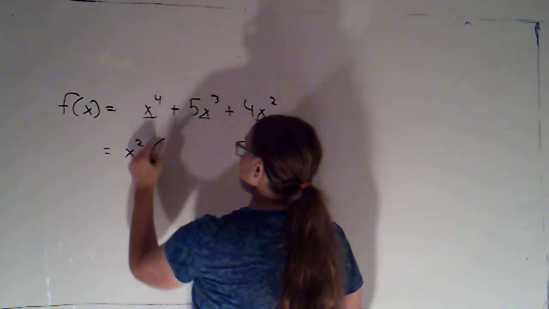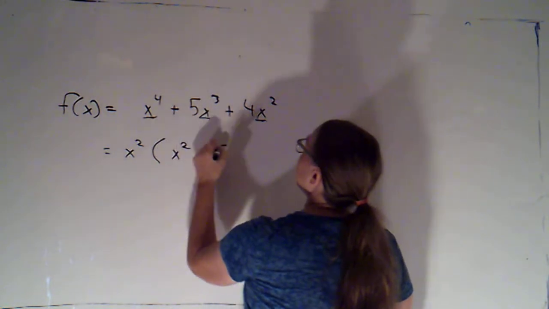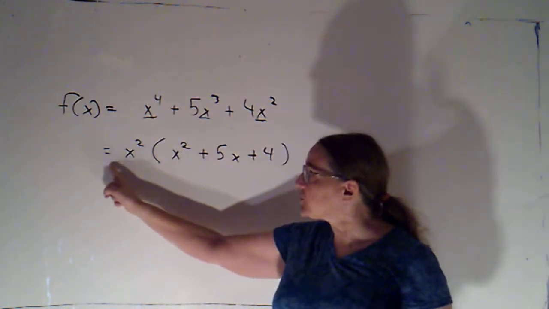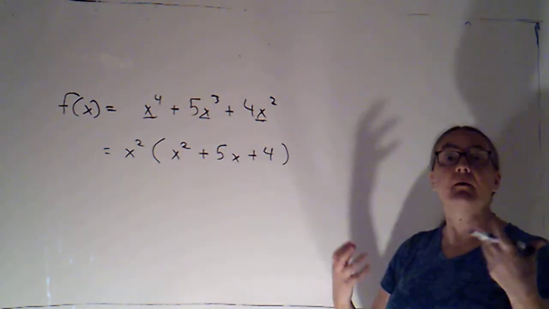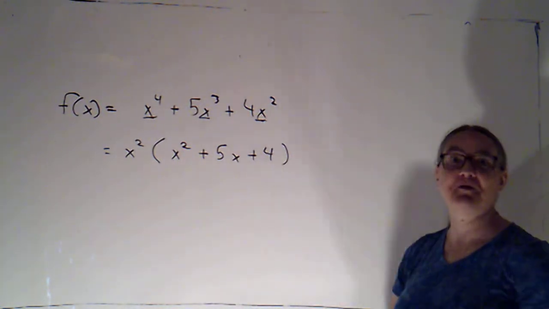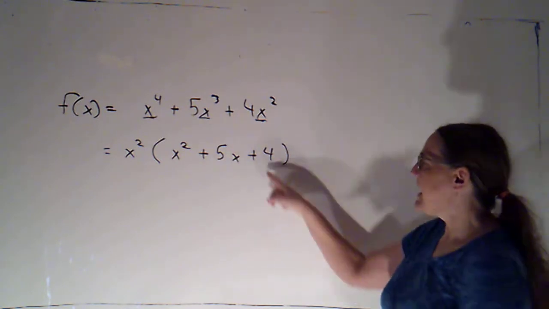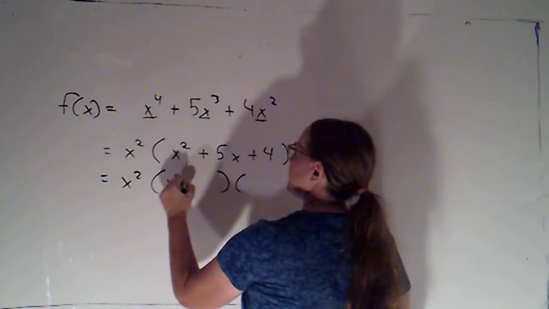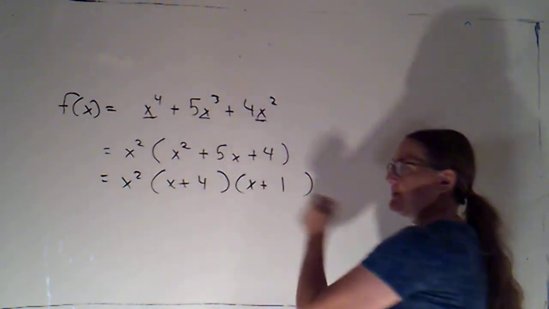So I can say this is x squared times x squared plus 5x plus 4. That's factoring that I can do without finding the zeros first. And then I can probably factor this even further. I think I can unfoil that. That's just going to be x plus 4 times x plus 1.